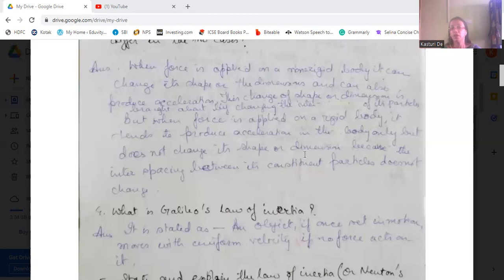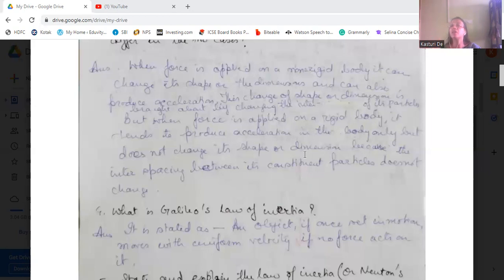So it tends to produce acceleration in the body only, but does not change its shape. If you apply a greater force, you may not change its shape or dimension, but you can produce acceleration in it. Interspacing between its constituent particles does not change. That's why they are rigid bodies. But you can produce acceleration in it.